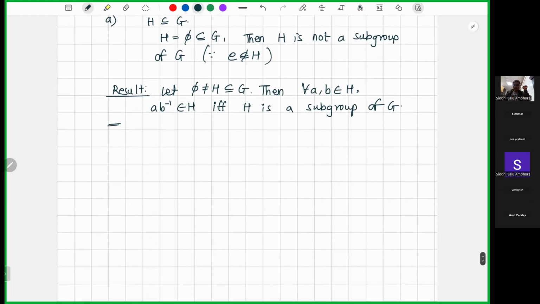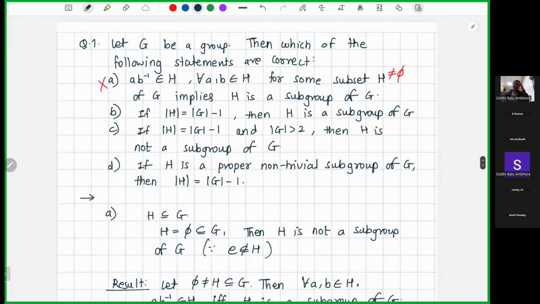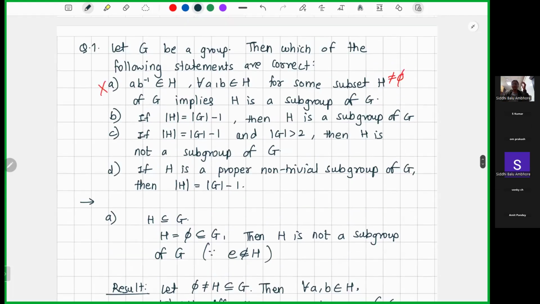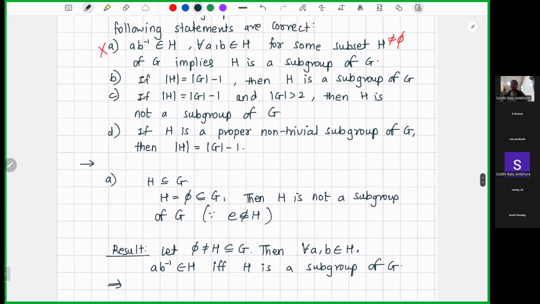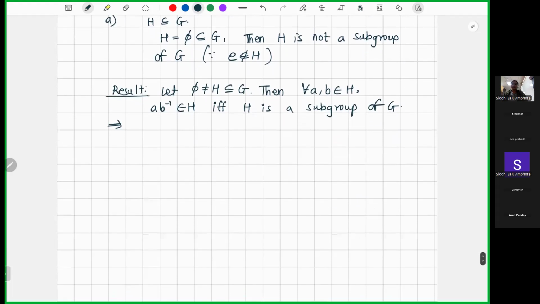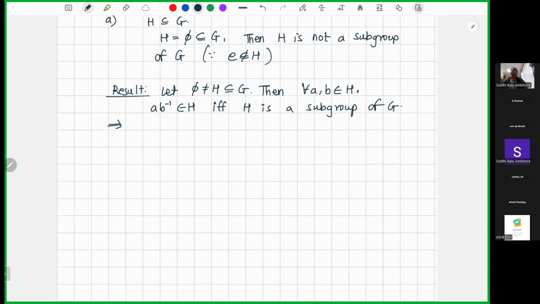Okay, so we will prove this statement instead. So the given statement is wrong because they have not mentioned that H needs to be a non-empty subset of G. But for H non-empty, this statement is true, and in fact, this is an if and only if statement: if H is a non-empty subset of G such that for all given A, B in H, I have AB inverse in H, then my H is a subgroup of G.